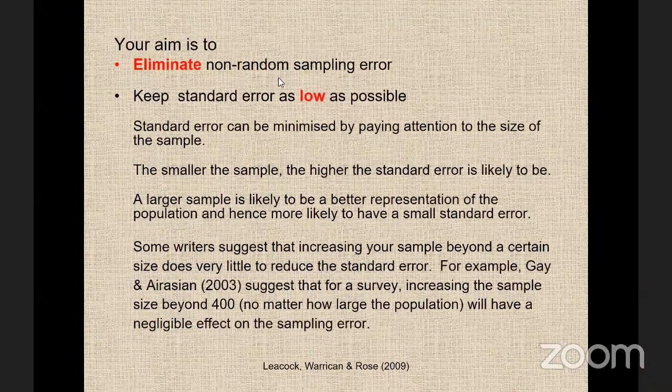There's a study that shows that generally speaking, having a sample size beyond 400 won't get rid of the sampling error any further. So remember we said earlier that no study can give you a proof. Having a study with a size as large as 400 is great, but it's still not going to lead to proof.